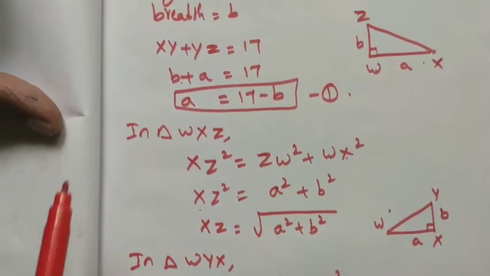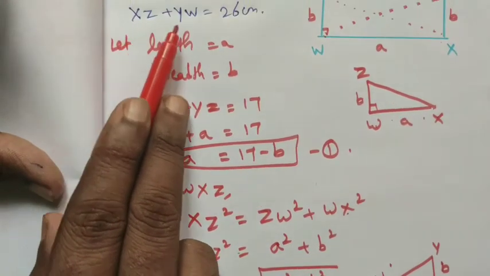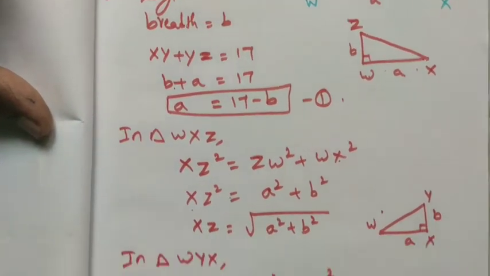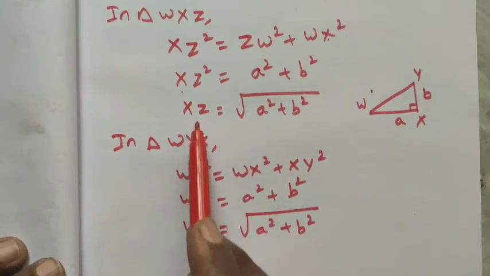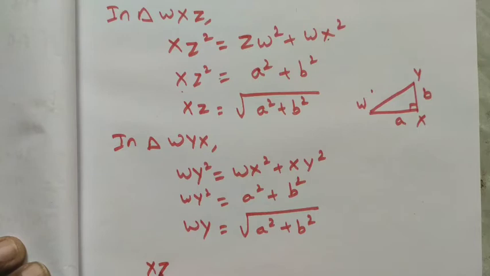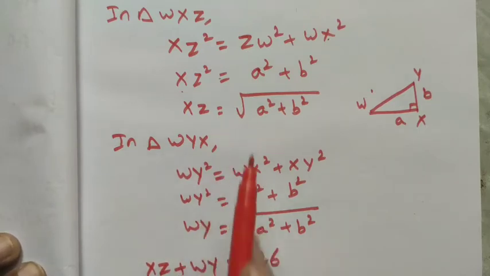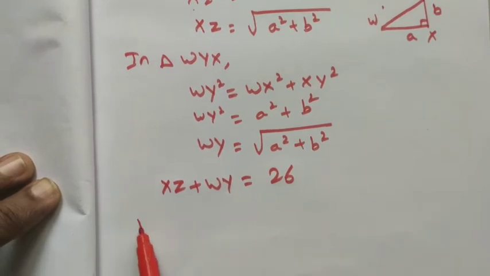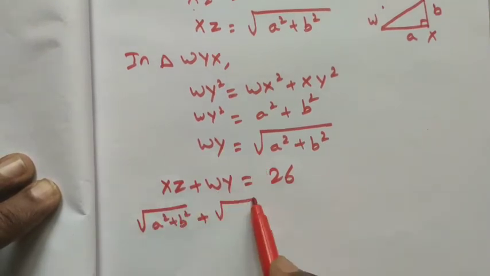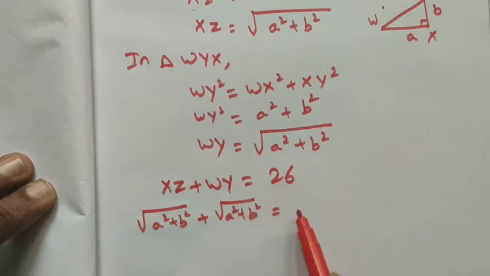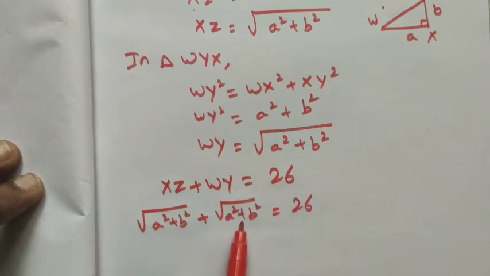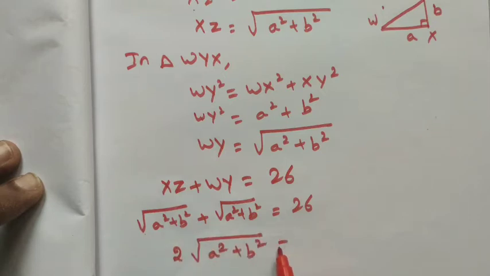So the second condition is given as XZ plus YW is equal to 26. We know the XZ value, that is root of A square plus B square, plus YW is also root of A square plus B square, is equal to 26. If we add this, we get 2 times root of A square plus B square is equal to 26. I take this 2 to the other side.